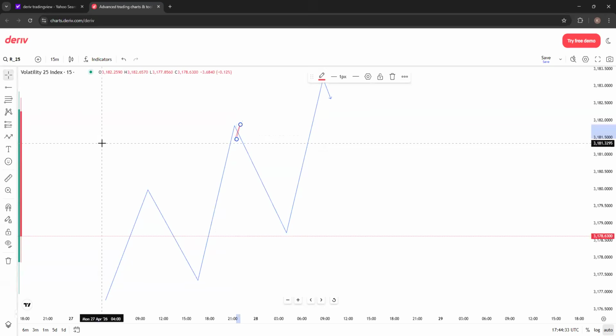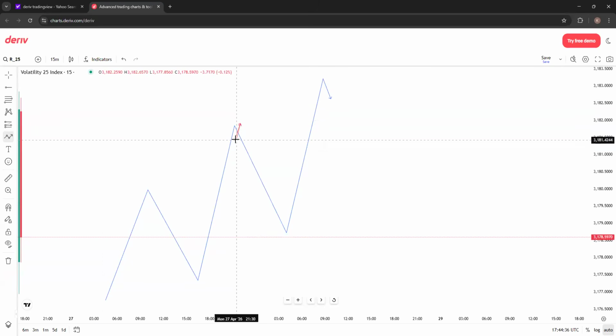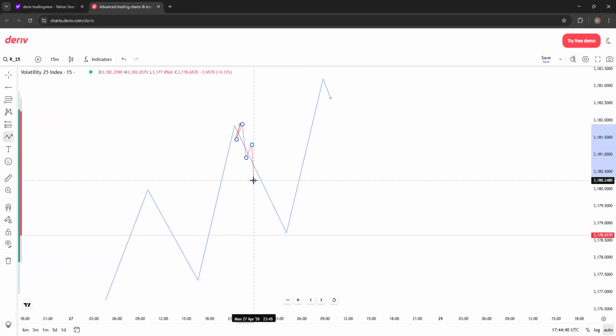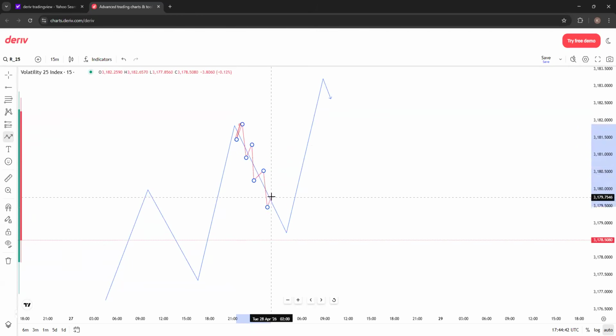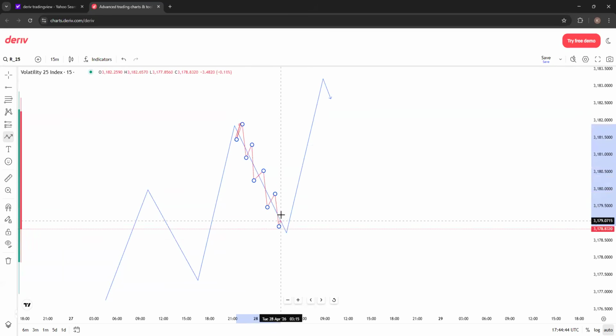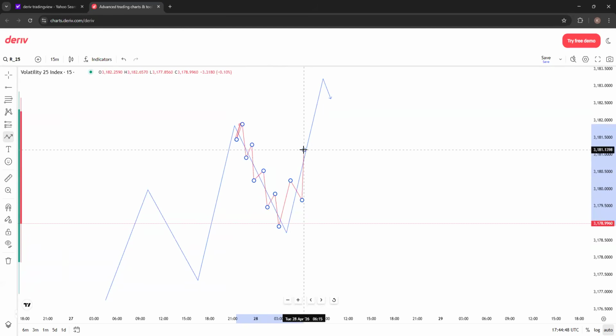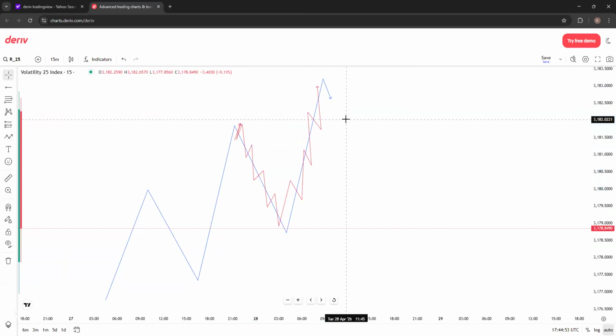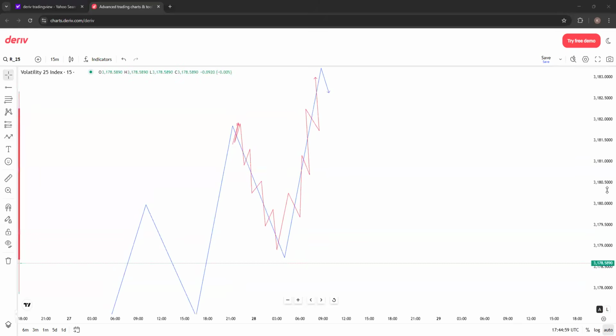You see that M5 giving you a high, a low, a high, a low, a high, a low, a high, a low, a high, and the breakout structure, a high, a low, a high, a low, a high, a low, a high. This is what you are going to see in your internal structure, right? If you zoom in on a smaller time frame. Why am I telling you this?